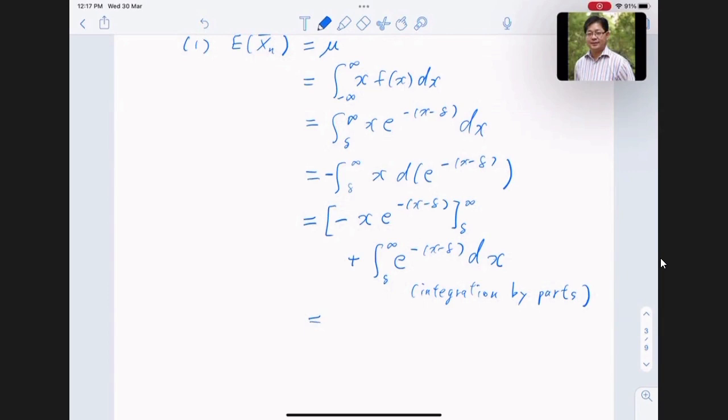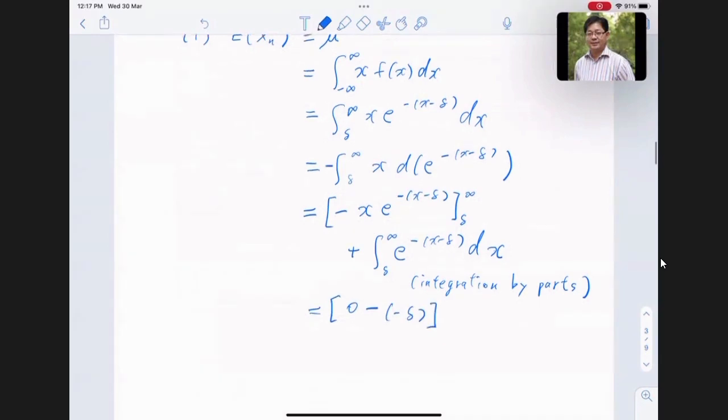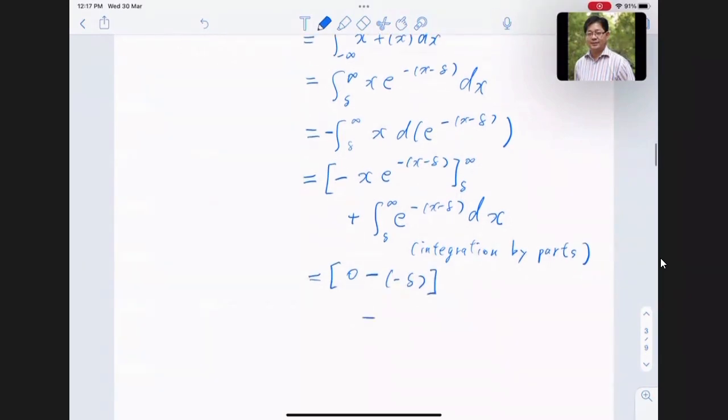So when we put infinity into x, it will become 0. If you put delta into x, this exponential function will become 1, and this becomes delta. So it becomes minus delta for the first term. And for the second term, it will also be an integral of the exponential function.